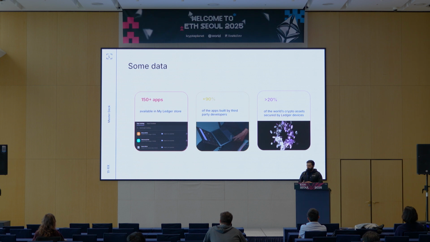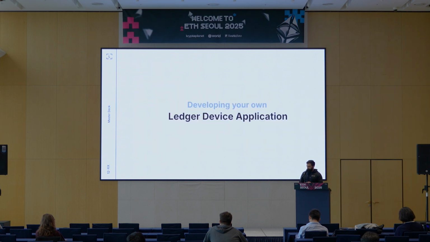More than 90% of them were built by third-party developers. It could be foundations, it could be partners we work with, it could also be classic developers. And we are also proud to say that we secure more than 20% of the crypto assets on our hardware device. So how could you develop your own Ledger device application?